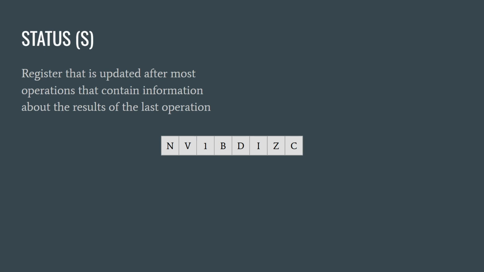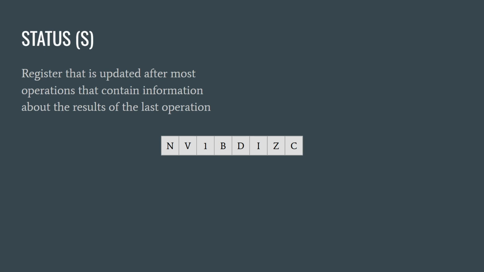The status register is a register that's updated after most instructions, and it has information about the results of the last operation. This isn't universally true. Certain instructions affect the status register, some don't.